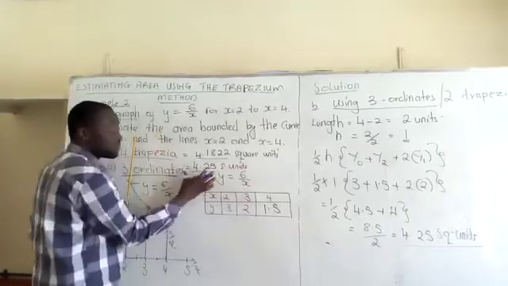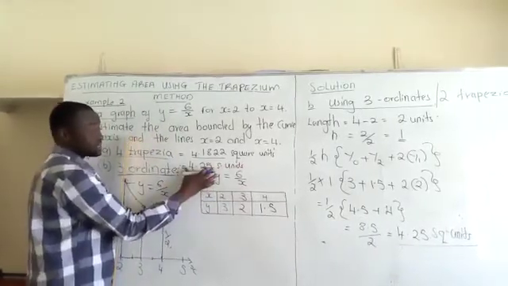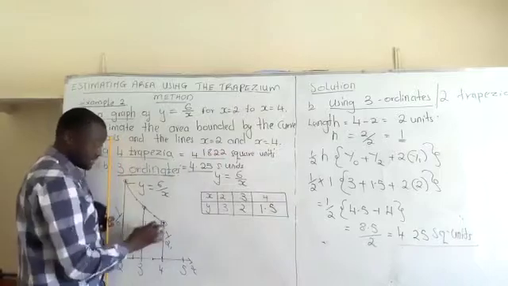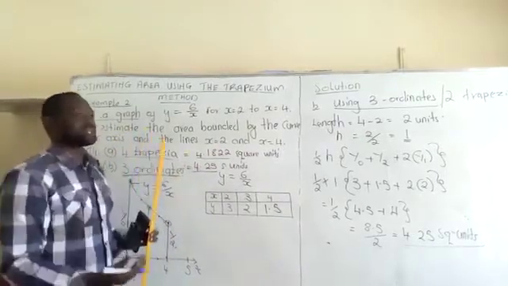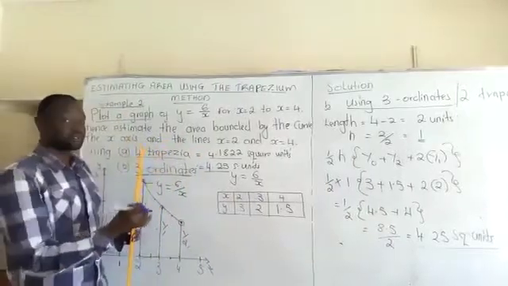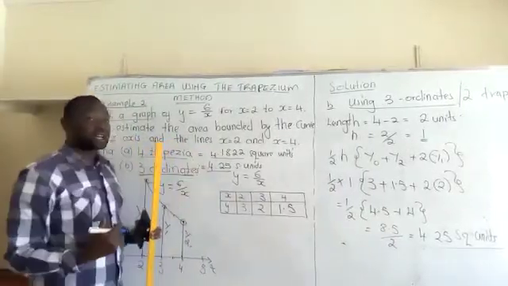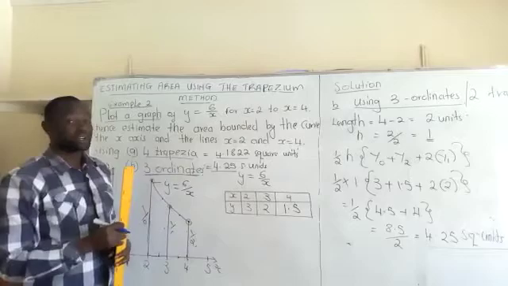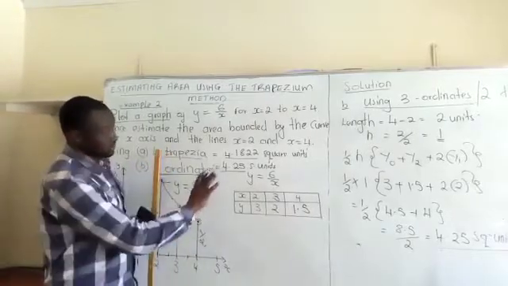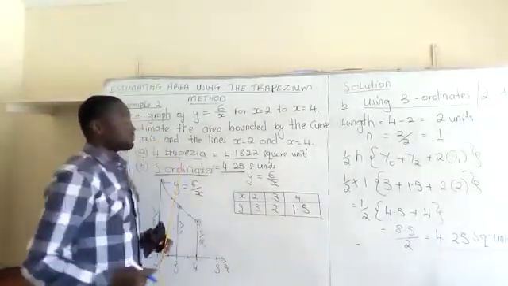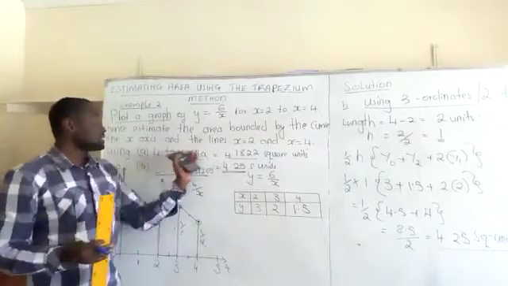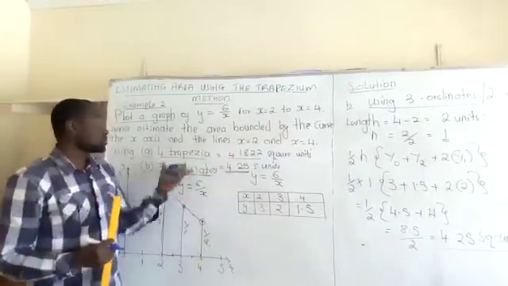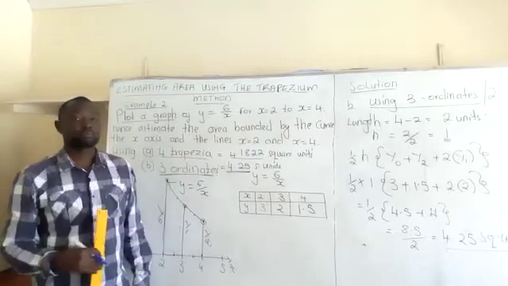Meaning that, remember, this is an estimation, and the smaller the size of the trapezia used, the higher the accuracy. We can't get the accurate value, but the value gets closer to the actual area of this region. So that is it. That will be 4.25 square units when we use 3 ordinates, and 4.1822 when we use 4 trapezia.